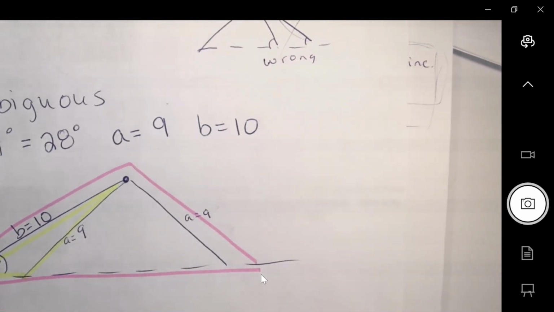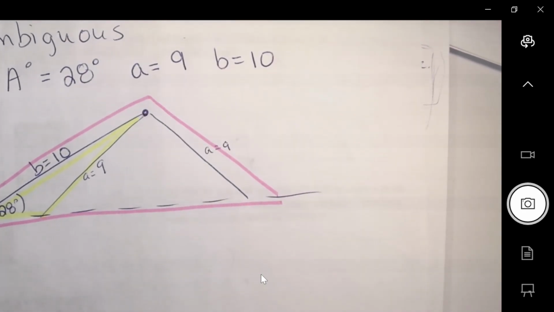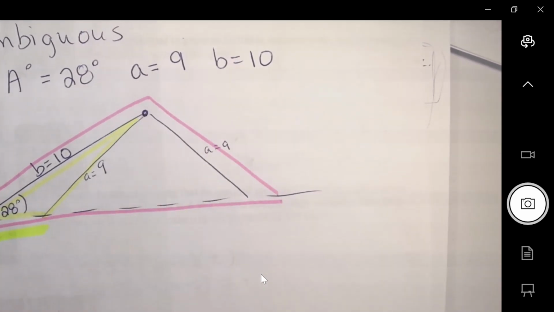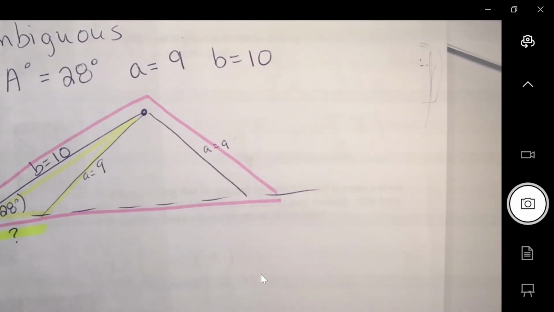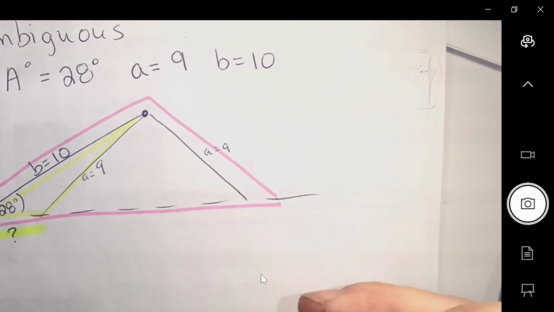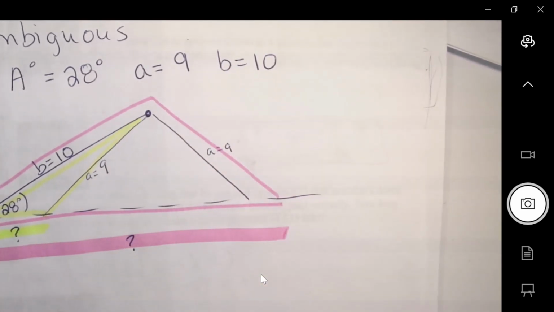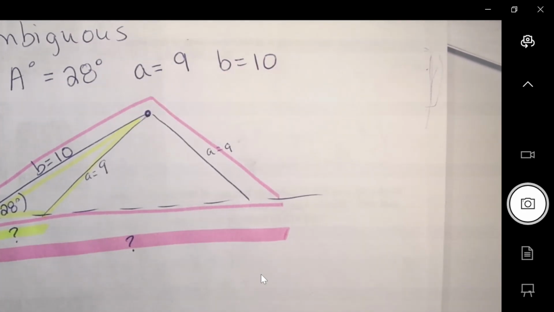Okay. So I have what I call my yellow triangle is 10, 9, and I will have to figure out what the third side of that one is, right? 10, 9, and what? And in my pink triangle, 10, 9, and what? That's my goal, to figure out the third side of the 10, 9, and something.